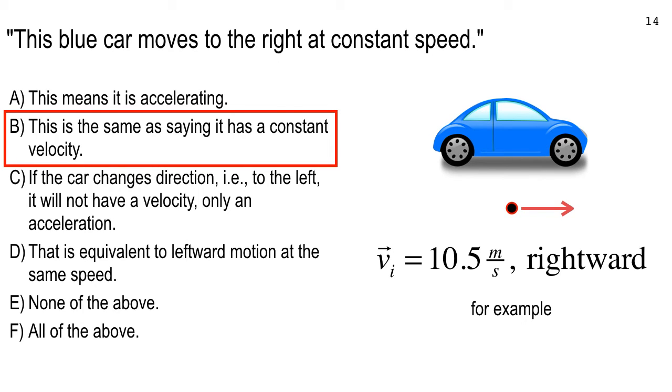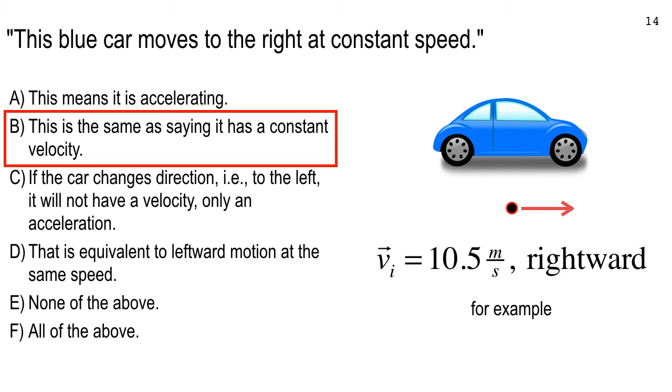By the way, in this notation, the V subscript i with a little tiny arrow over the top, that little tiny arrow means it's a vector, and not a speed. It's a velocity and not a speed, and that's why I also have to write down the word rightward in this example.